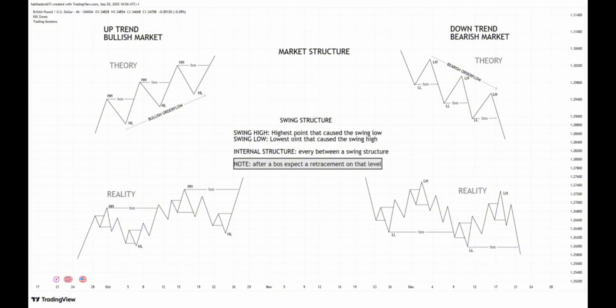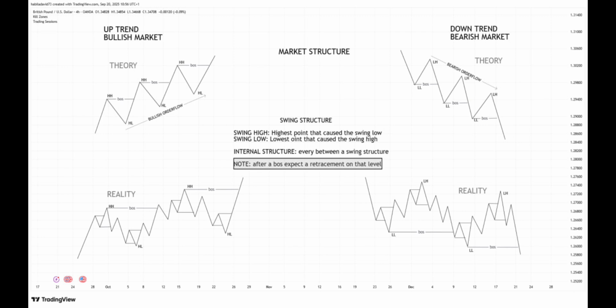Moving on, always keep in mind that after a break of structure, the market will have to retrace or pull back in order to continue its move. And while pulling back, it obviously won't create the whole pullback with a single candle. There has to be a sign that the market is ready to pull back. It has to give a particular structure, depending on the strategy you use, so that you know the market is about to pull back.